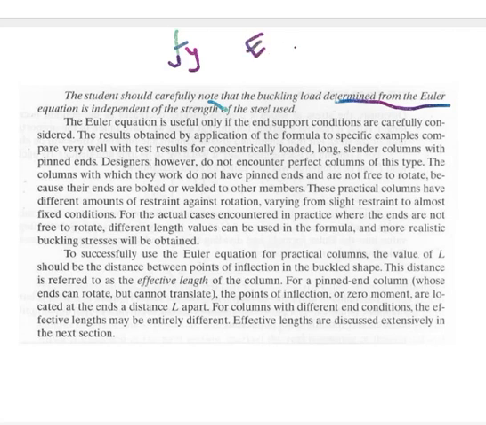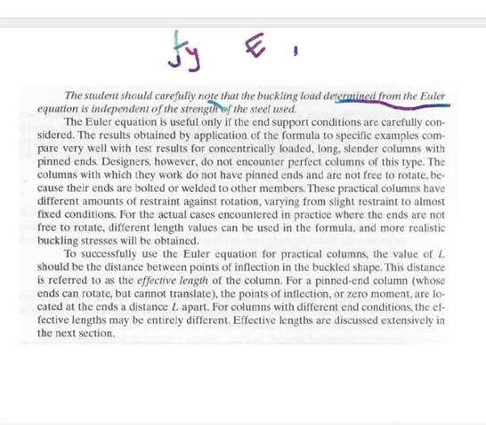The buckling load determined by the Euler formula, pi squared E by (L by r) whole squared, does not depend upon the yield value. That's why the students should carefully understand this.